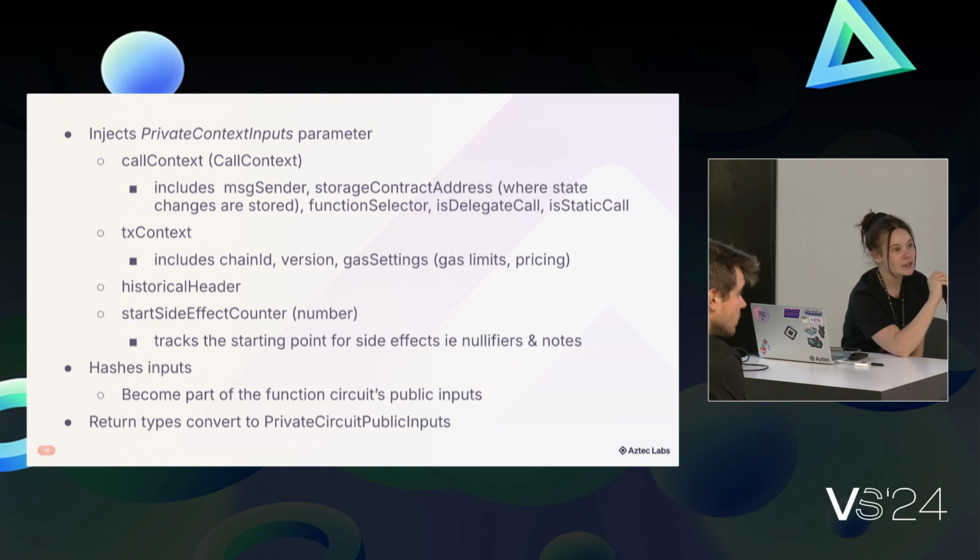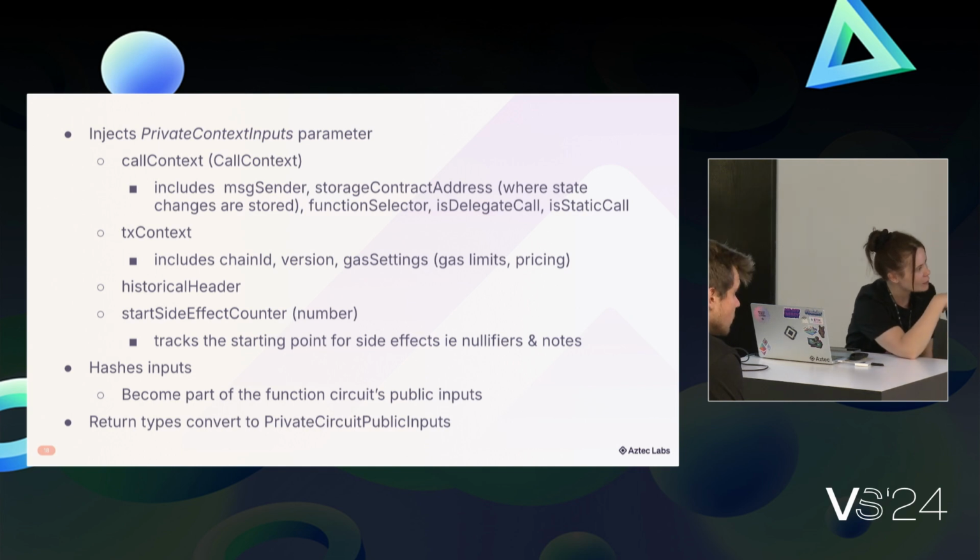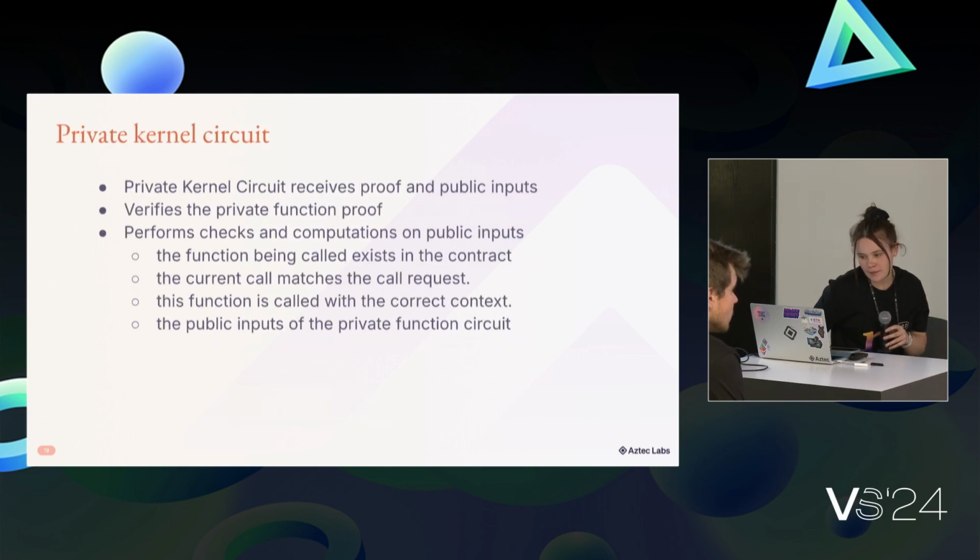The historical header, so just what is actually the header of the chain while you're doing this function. And then any inputs that are being passed in, it hashes them, and then that actually becomes one of the circuit's public inputs, because you're saying this is what I want to expect back from it. Yeah, the return types are the inputs for the next circuit.